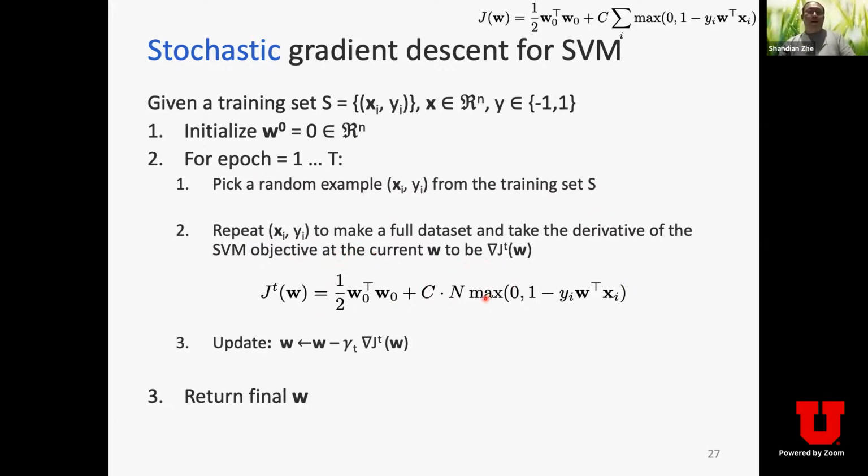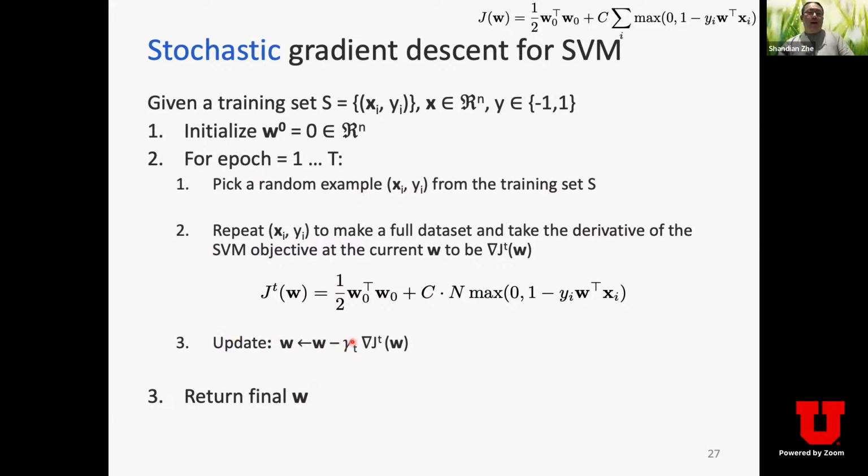The hinge loss is now the same for every example, because those examples are just duplicated again and again, so you can just multiply the hinge loss over this randomly sampled xi, yi by big N. Here, the constant C is a hyperparameter that determines the trade-off between the regularizer and the data-dependent loss. Then our goal is to compute the gradient of this objective, and this gradient is viewed as the stochastic gradient. Then we use this gradient to perform the update over the current model parameters.